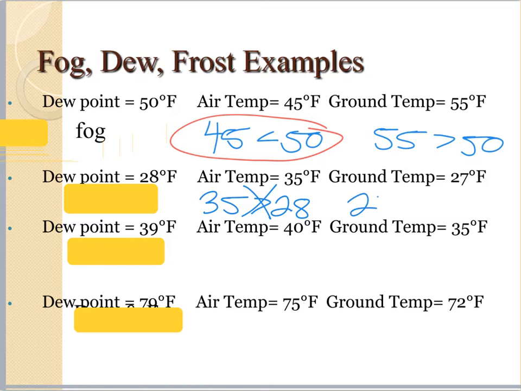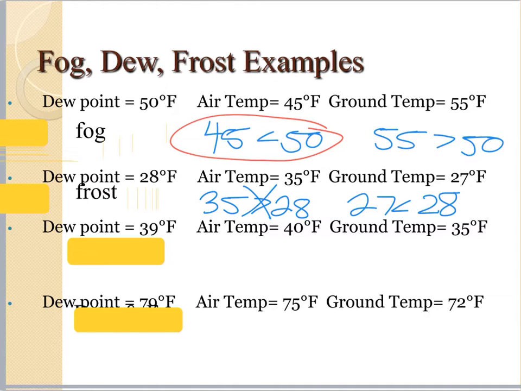Ground temperature, 27, is less than or equal to 28. So in this case, we would get something on the ground. The next thing we have to look at is our temperature greater than or less than freezing point. In this example, it is less than, so we would get frost.